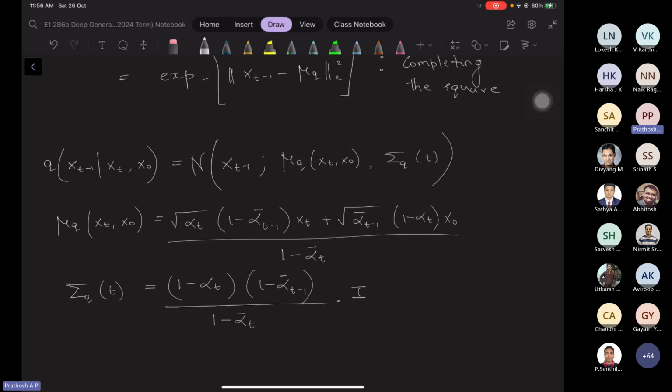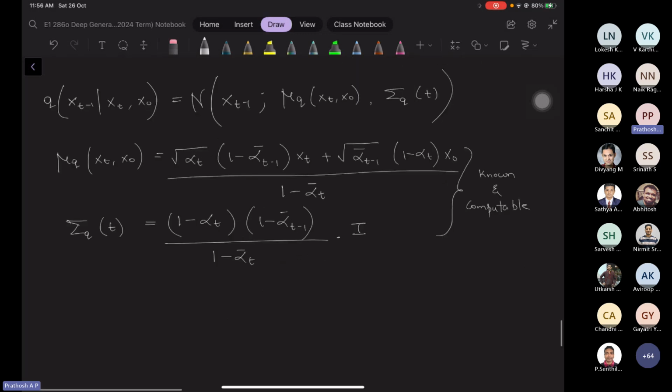That's all. Now note that both of these terms are known and computable. So this known denoising term can be computed. We know the alphas, we know xt, we know x naught, we know all of this. The variance is typically written as sigma q squared times identity, where sigma q squared is a constant. That is what is done.